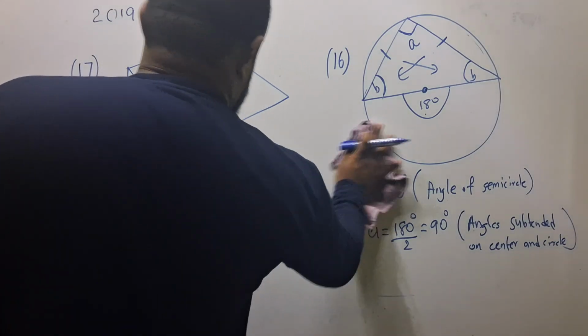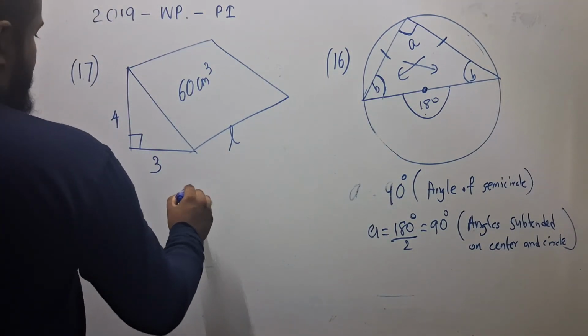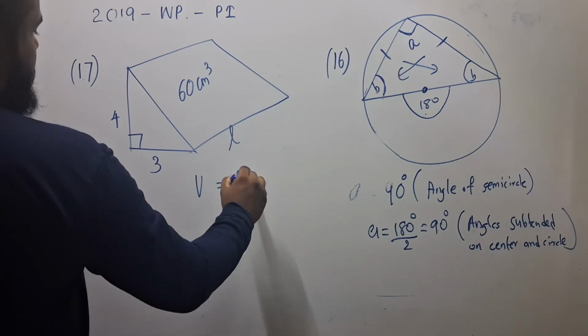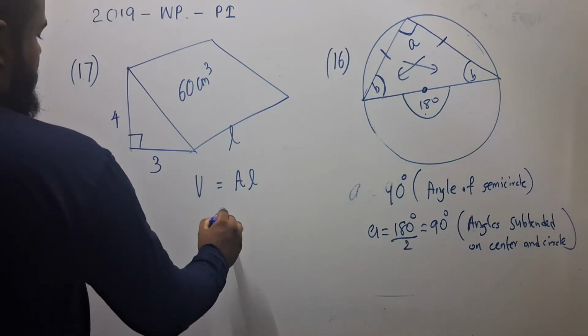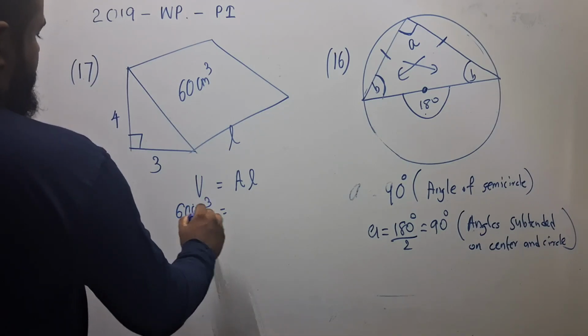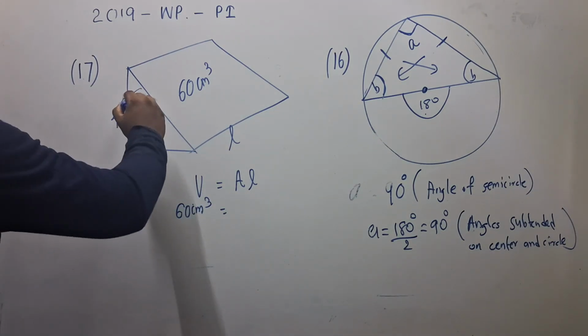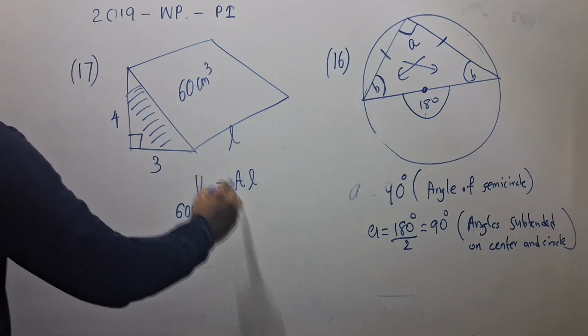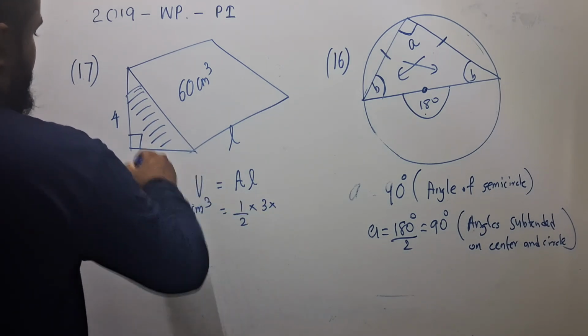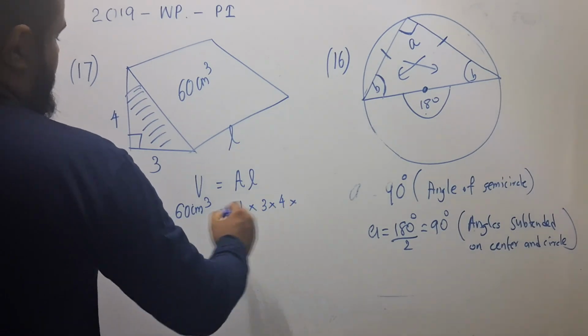So how to find length? You can write volume equals cross section times length. What is the volume? 60 cubic centimeters. How to find the area of this triangle? Half into base 3, perpendicular height 4, into length.